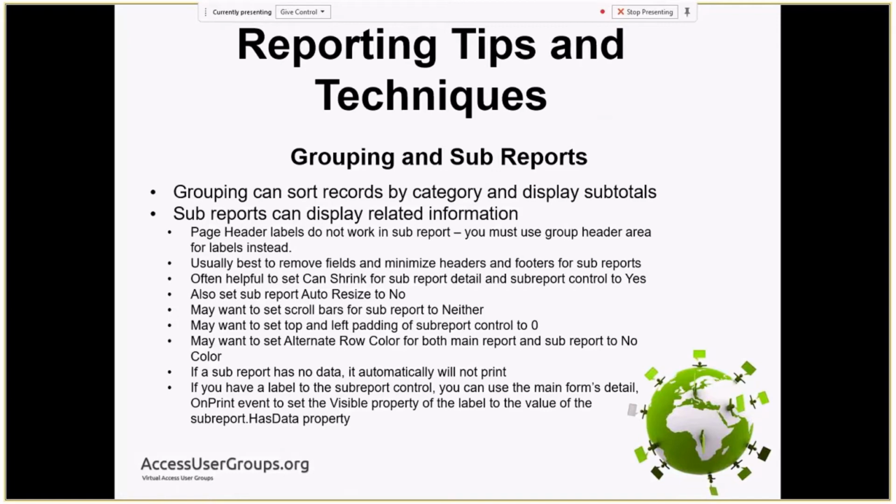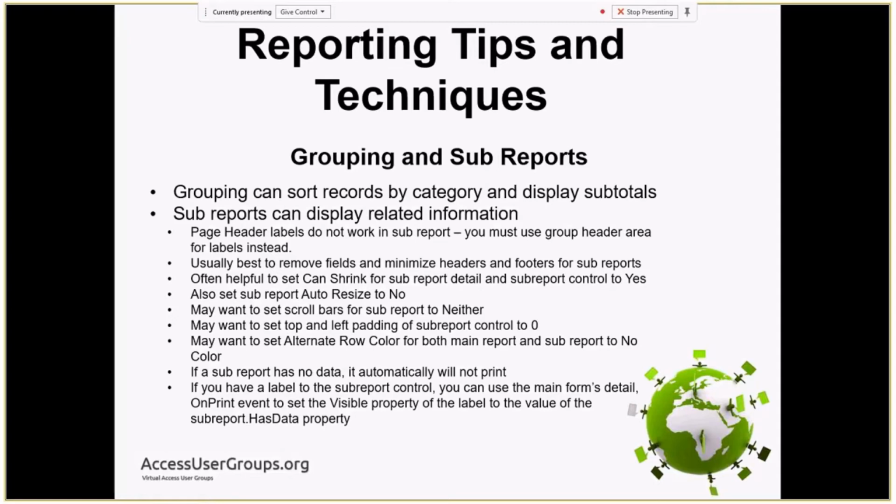Other properties that can be helpful to set on the sub-report are things like auto resize to no. You probably want to set your scroll bars for your sub-report to neither, as opposed to the horizontal or the vertical scroll bars. It just makes for a cleaner report.